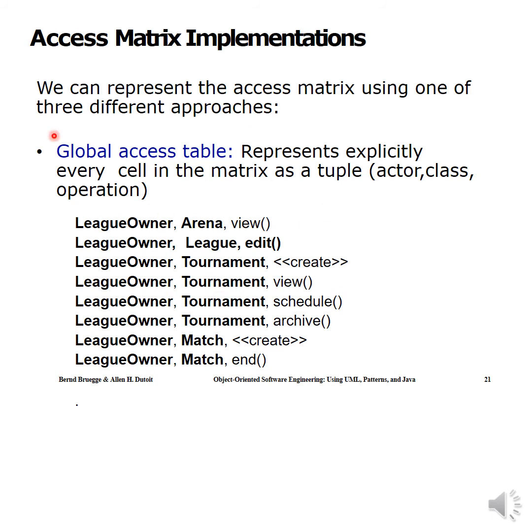So this is an example of a global access table, which represents explicitly every cell in the matrix as a tuple: actor, class and operation, for which the actor is responsible. Determining if an actor has access to a specific object requires looking up the corresponding tuple for that.